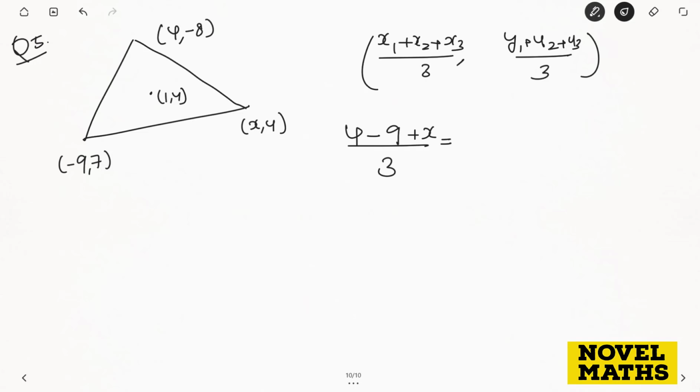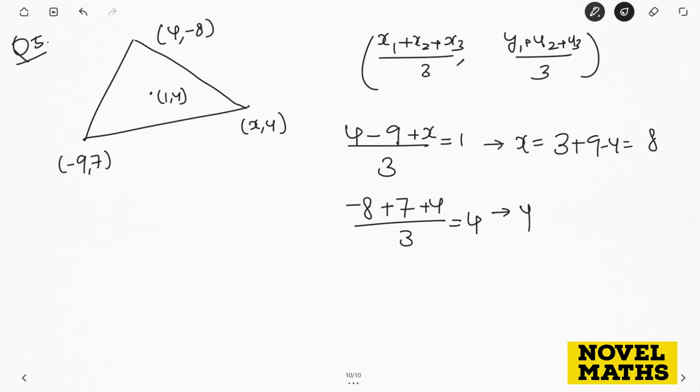X coordinate of centroid, and -8 plus 7 plus y over 3 is 4. So this way you will get x equals 8, and y you will get 13. Now you know the coordinate of this point, 8 and 13.